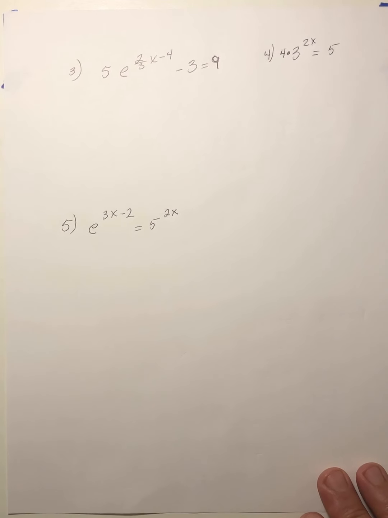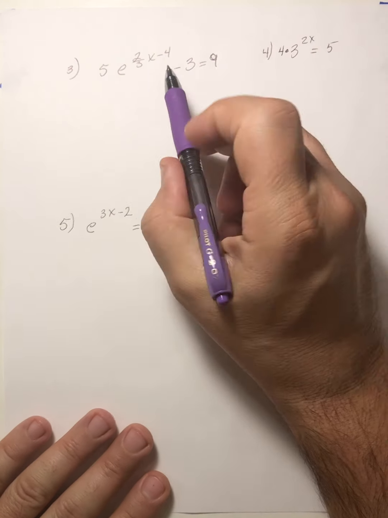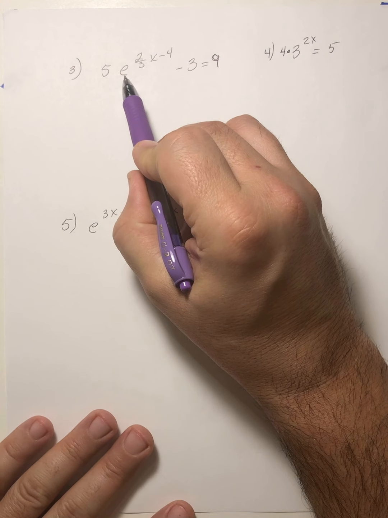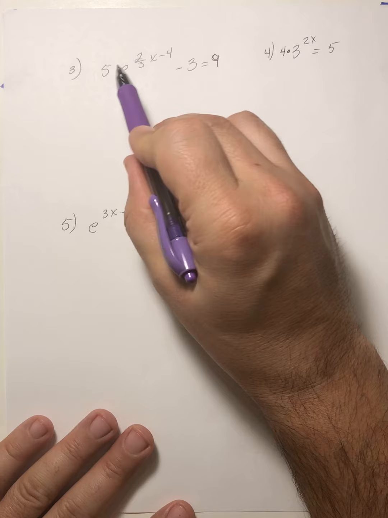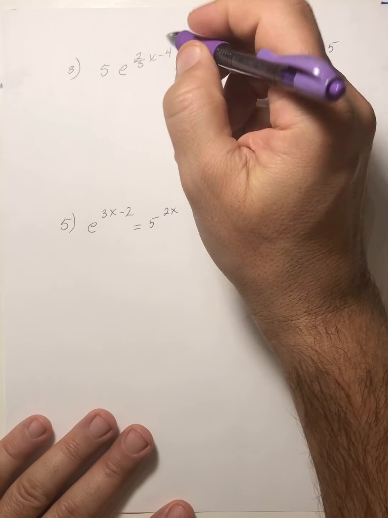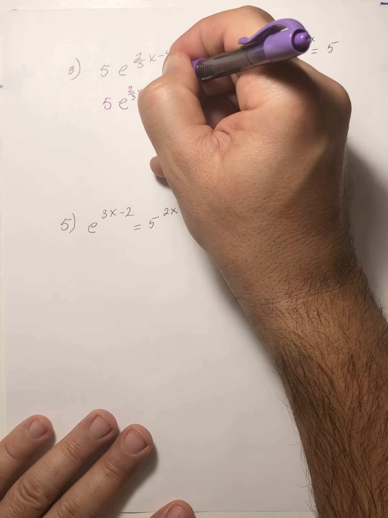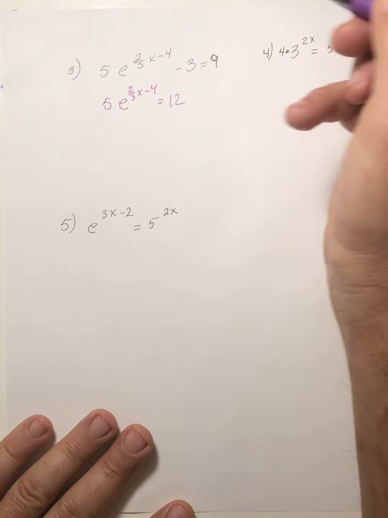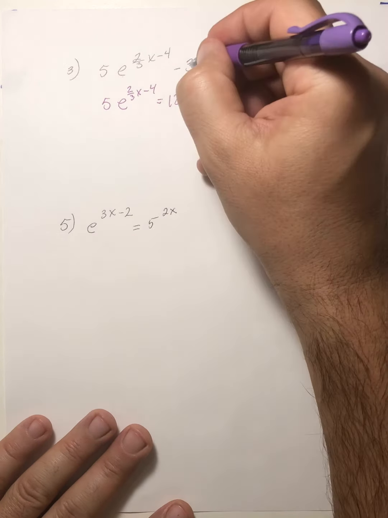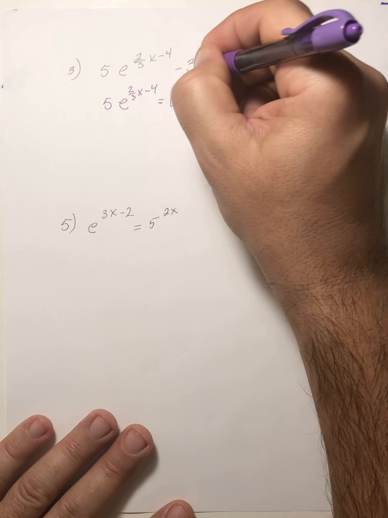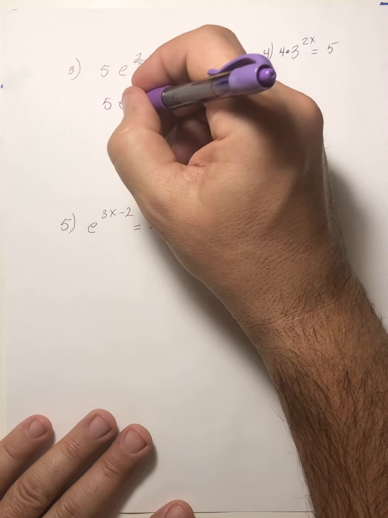All right, let's look at these challenging ones over here. All right, there's another e. So, that's right, I got to add 3. All right, so I added 3. Now I'm going to divide by 5.